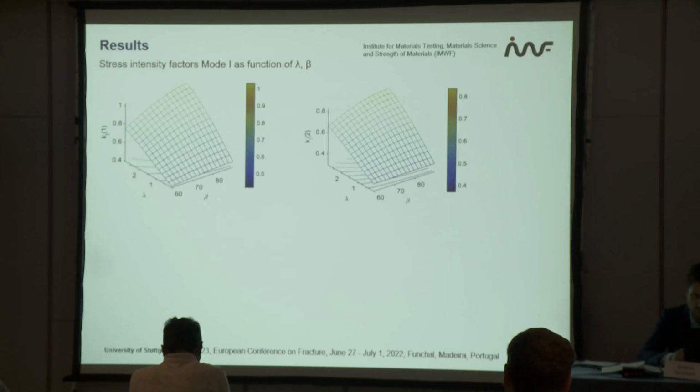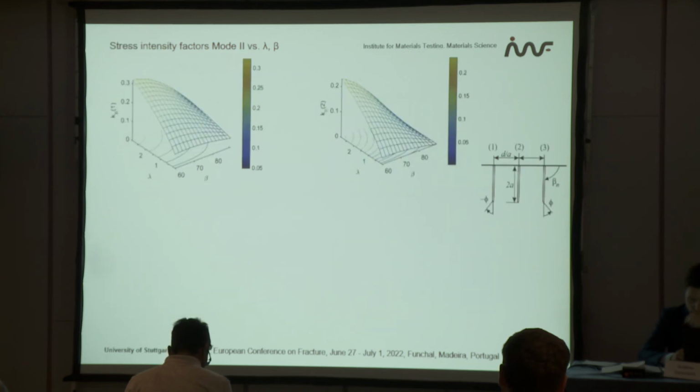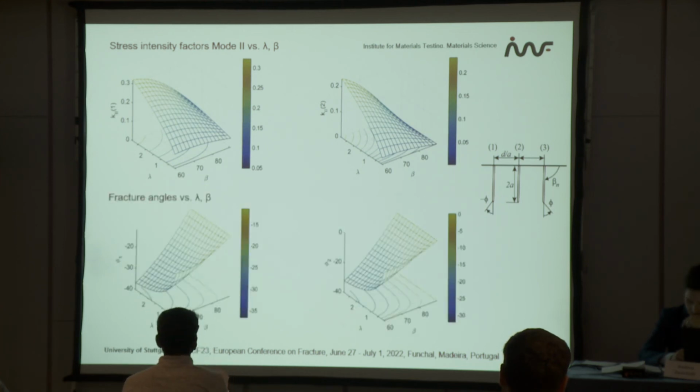Considering the influence of parameter lambda in the rule of mixtures, we see a big influence of lambda on K1 and also on critical loads. For K2 there is also a big influence of both lambda and beta, and for fracture angles both parameters, lambda and beta, have influence.